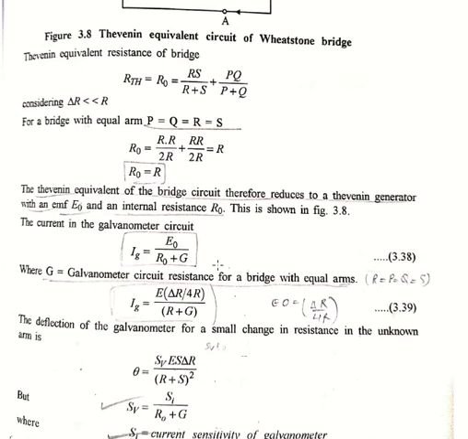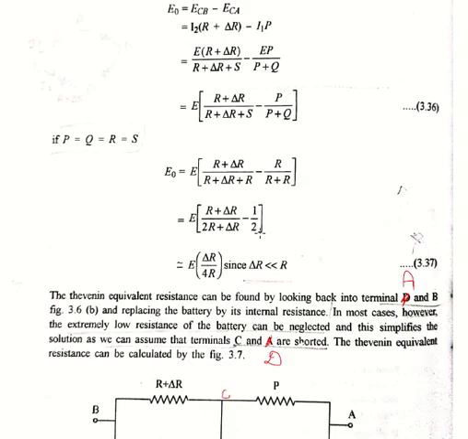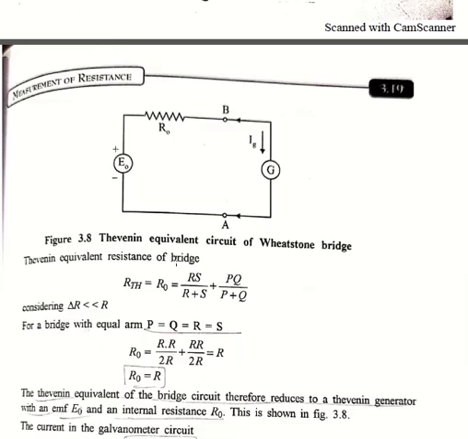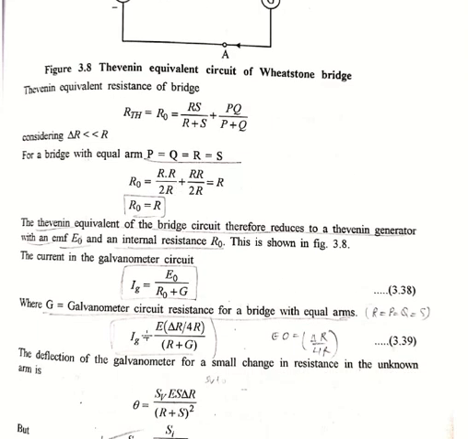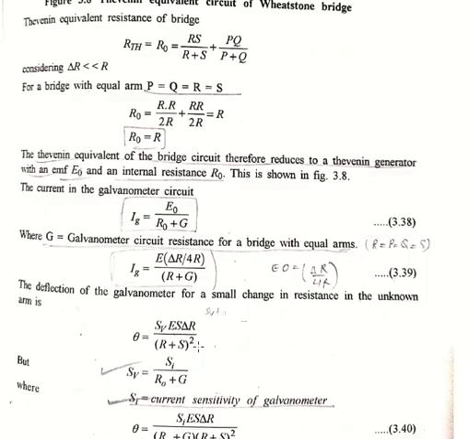Now Ig can be written by putting the value of E naught from equation 3.37: E multiplied by delta R divided by 4R, in whole divided by (R plus G).